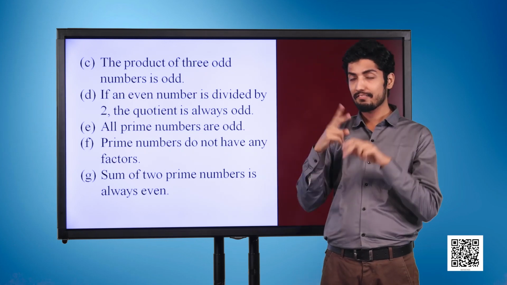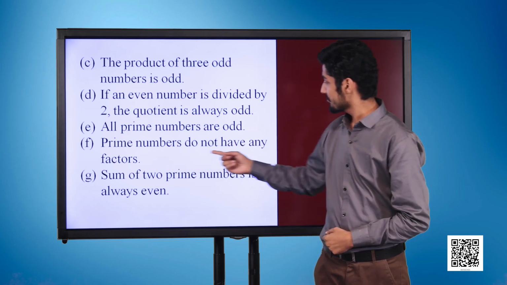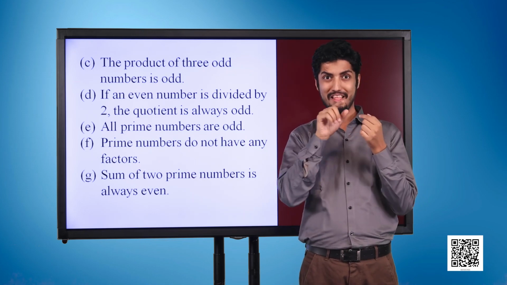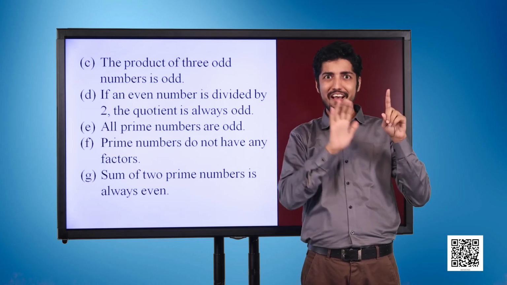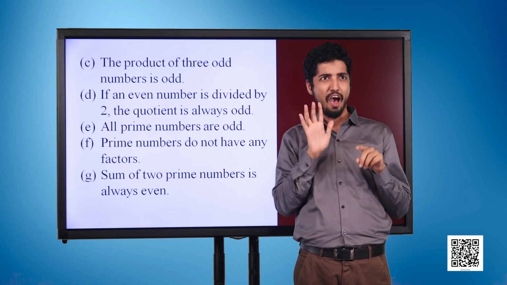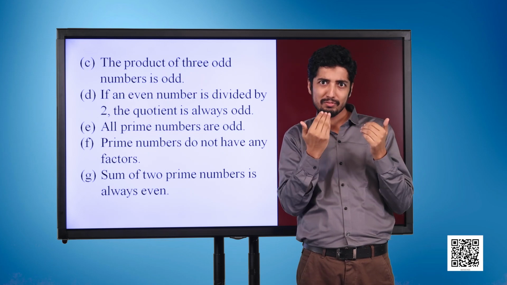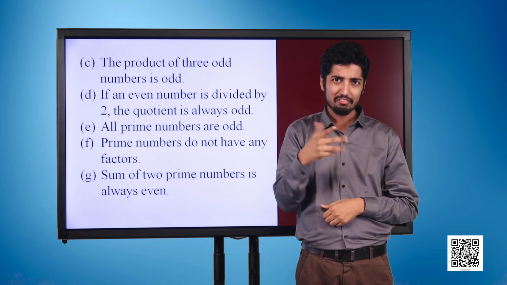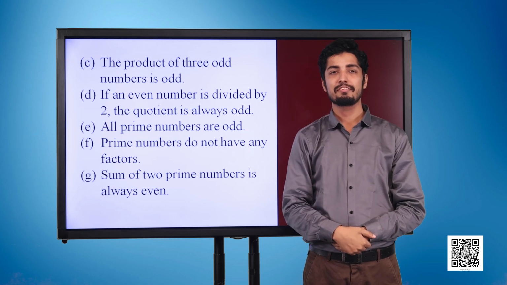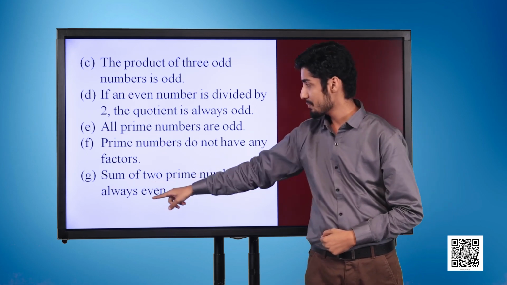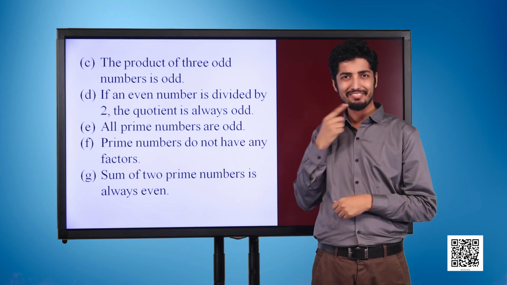F. Prime numbers do not have any factors. G. Sum of two prime numbers is always even.